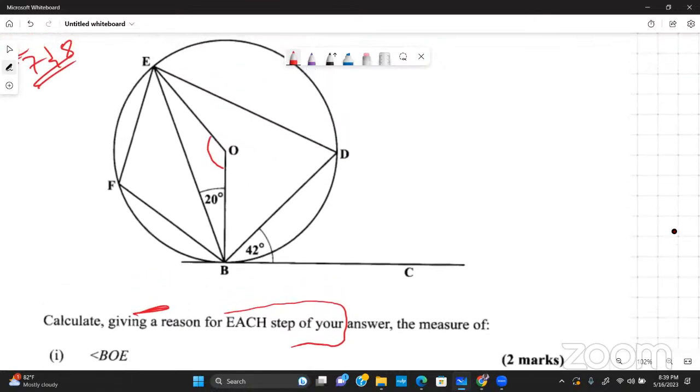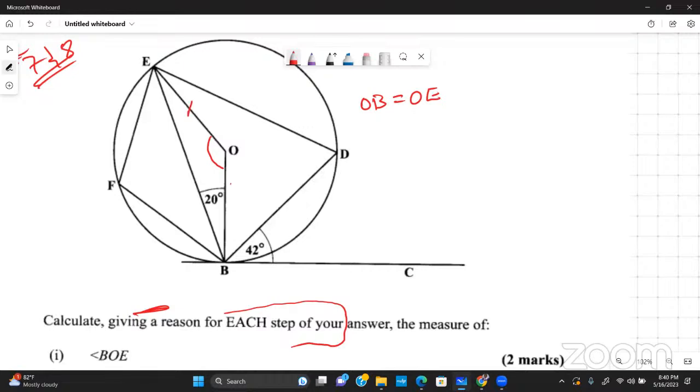Now, remember that OB is equal to OE. Isosceles. So OB is equal to OE. Both of them are radius to that same circle, right? That means the triangle OBE is an isosceles.